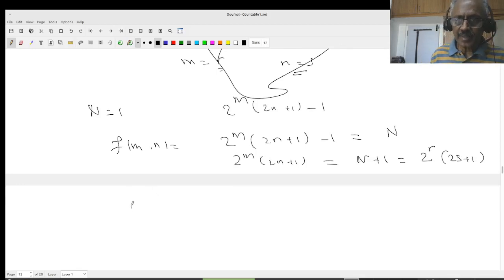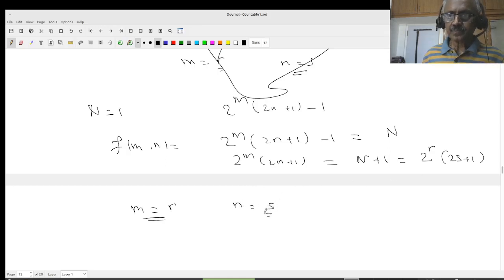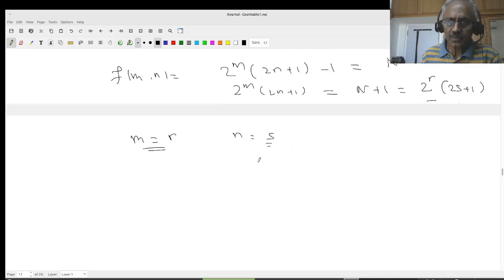Therefore, my m by uniqueness must be r. There is no doubt about it. You follow that? And my n has to be s. It's not 2 power r into 2 power s equal to n but n plus 1. Are you following? So we proved f is onto if n is greater than 1.